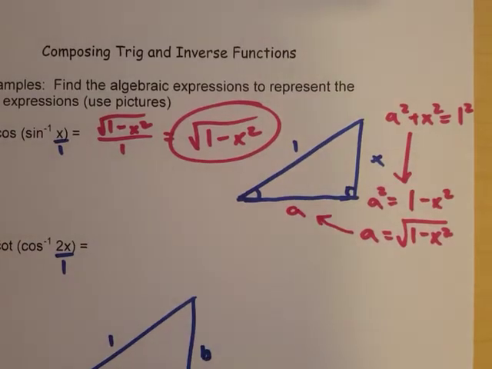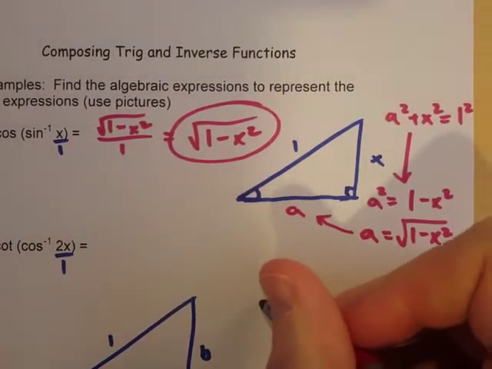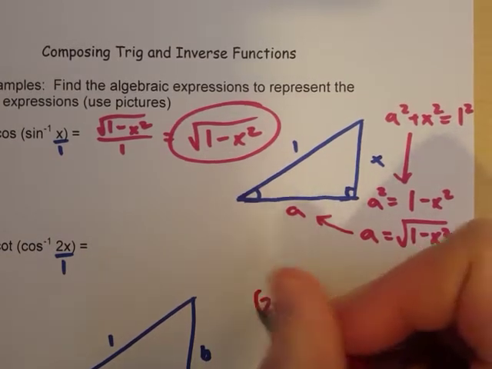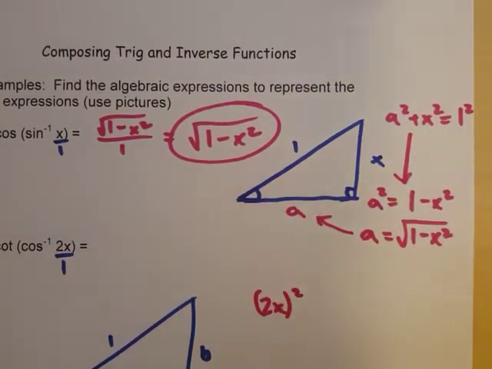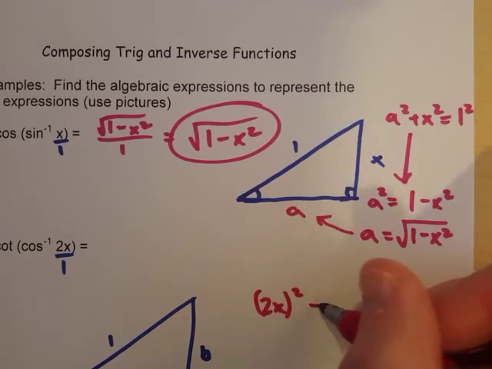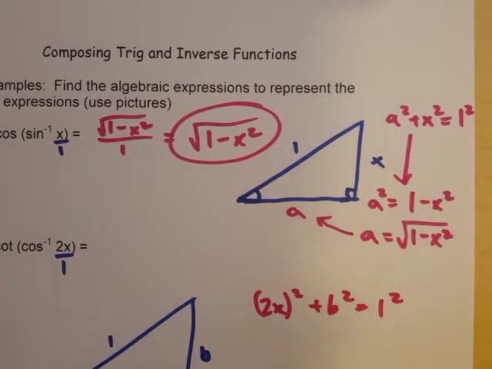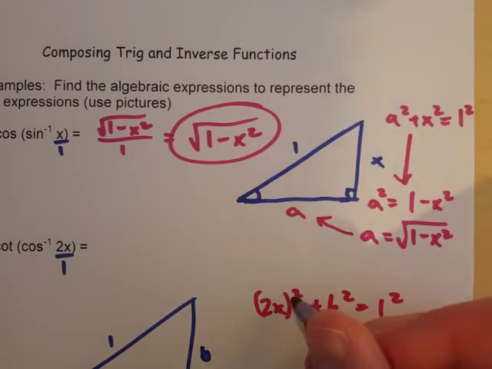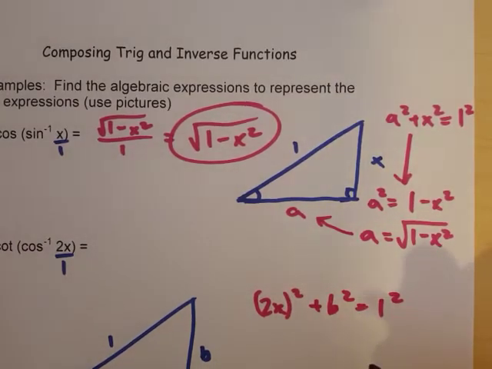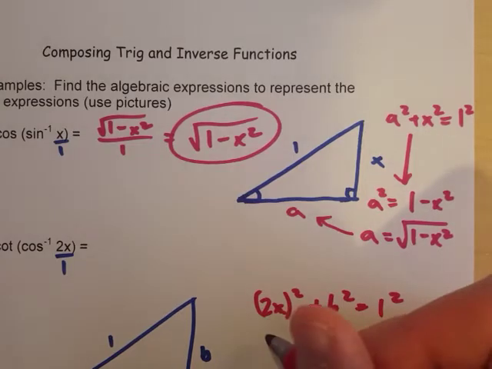Then we need to find out what this side is. We'll call it b. And so we do 2x, and make sure you put it in parentheses, squared plus b squared equals 1 squared. We do kind of the same thing as we've done in the past. But we do have to distribute this square to both of those. That's a little piece that a lot of people miss.